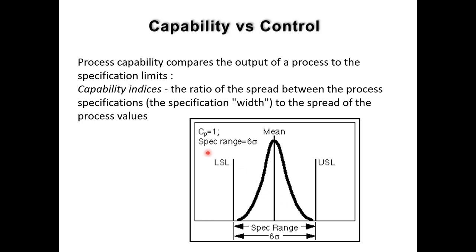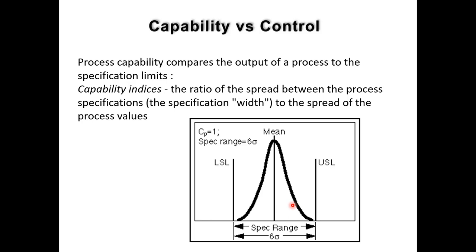So in order to compute process capability, you need the lower and upper specification limits, and you also have to know the process standard deviation, which you can simply compute from the process dataset.